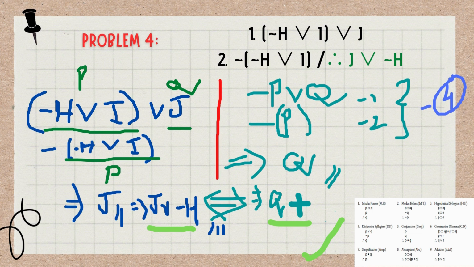Apply the fourth rule, disjunctive syllogism. P disjunction Q, negation P, we get Q. So we got Q. What is the value of Q in the question? The value of Q is J. So we got J. Now apply the addition rule to J, adding disjunction negation H. So we got J disjunction negation H.